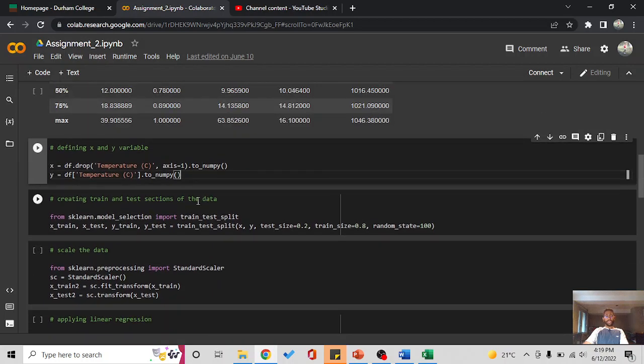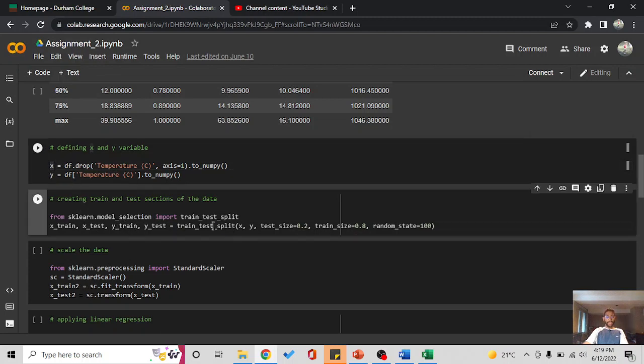Now we are going to further split x into train and test and y into train and test using the train test split function from scikit-learn model selection library. We have specified here that the test size is going to be 0.2 and the train size is going to be 0.8. That means 80% of x is going to be used to train the model, and 20% is going to be used to test it.